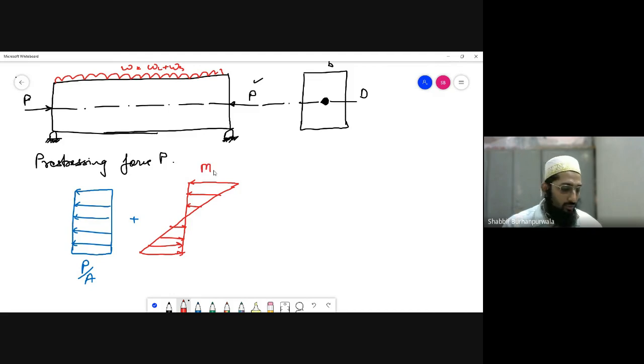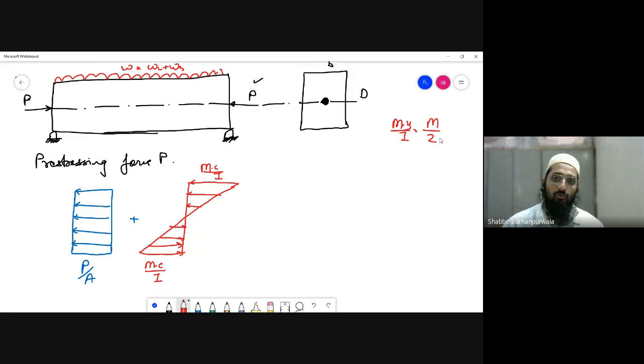So top is going to be M into the distance from the center to the top fiber, MC by I, and similarly the bottom will also be M into the distance to that bottom fiber divided by I. Okay, in our case we always say My by I, but if this is a symmetrical section then the values of y1 and y2 will be the same. So because of the same value, we always say that it is going to be M by Z.